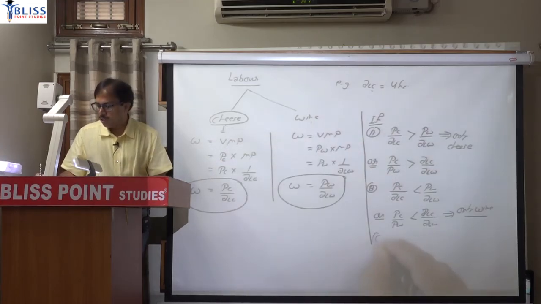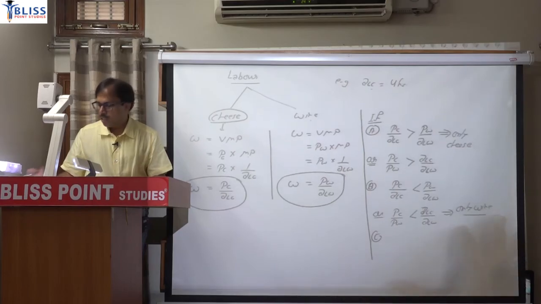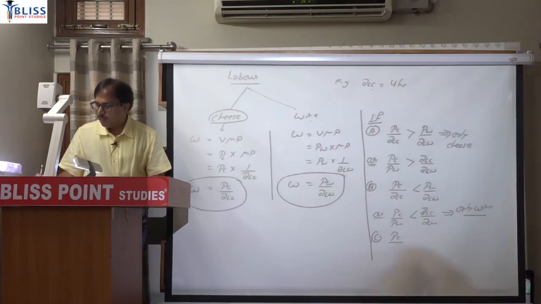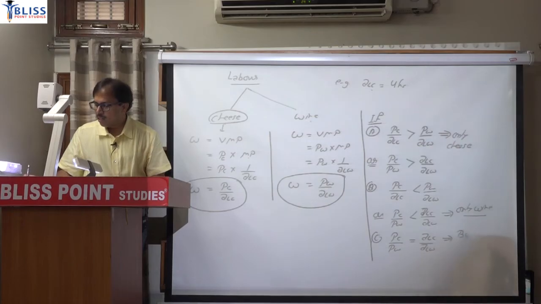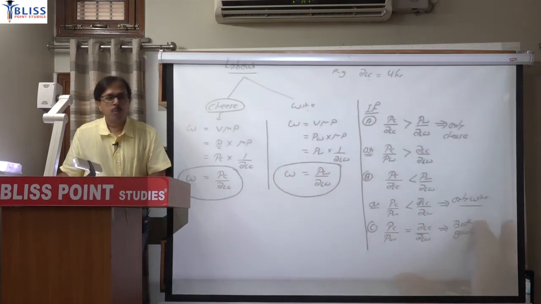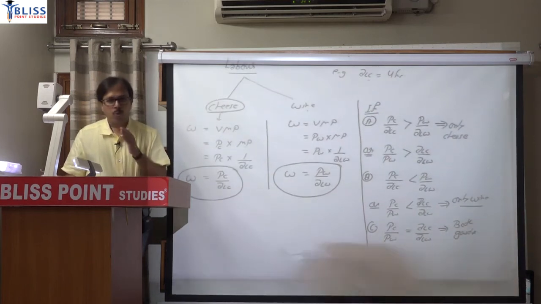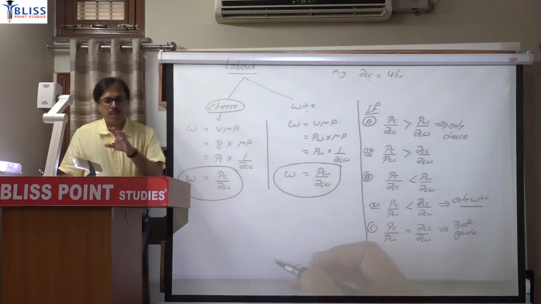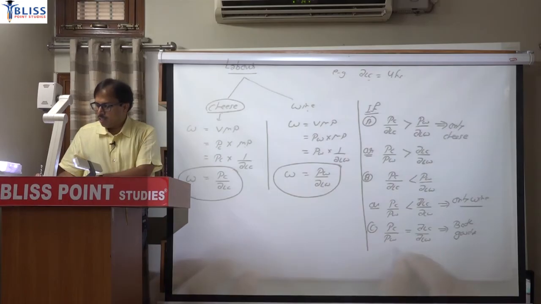So that will be your third possibility. And that third possibility says that PC by PW is equal to ALC by ALW. In that case, both goods can be produced by the home country. When both goods are produced, it means the relative price is equal to the opportunity cost, and this is also known as the autarky condition.